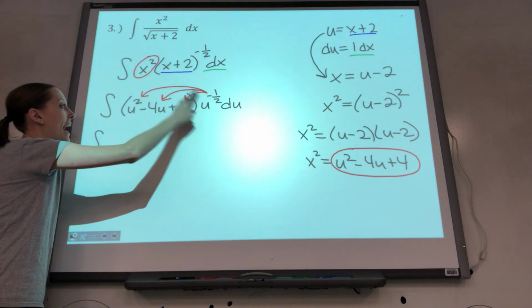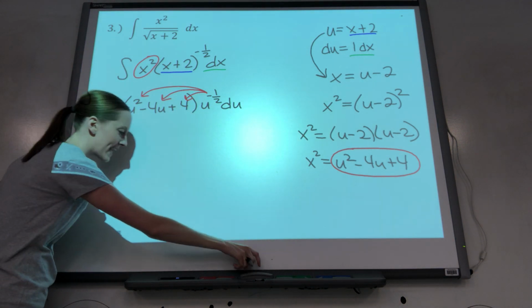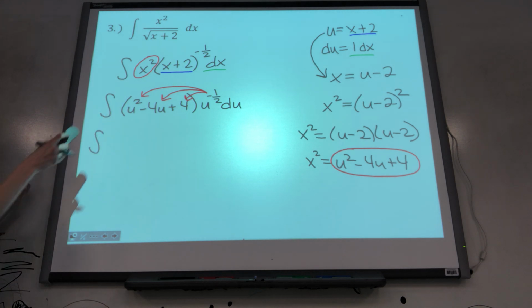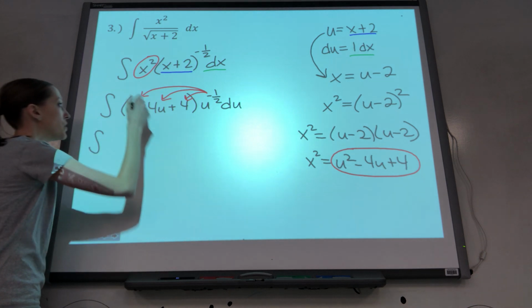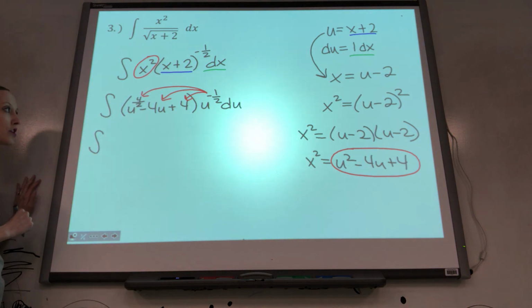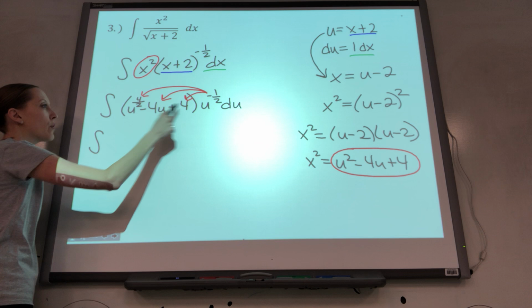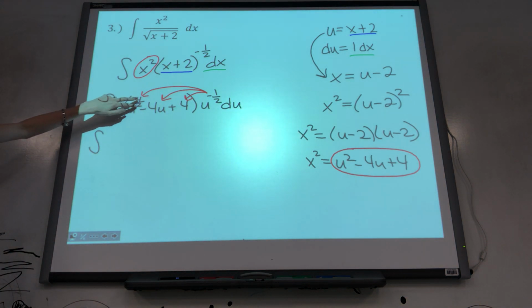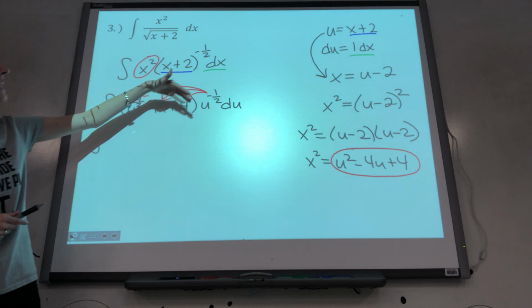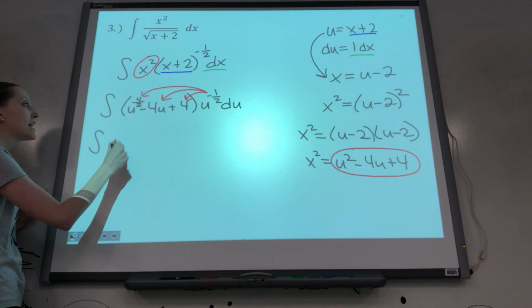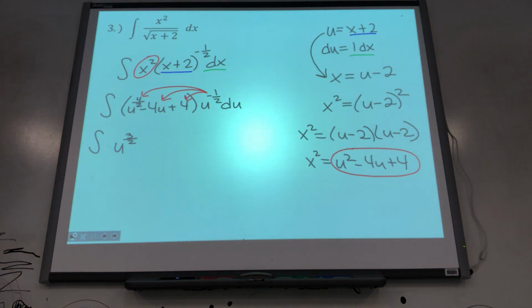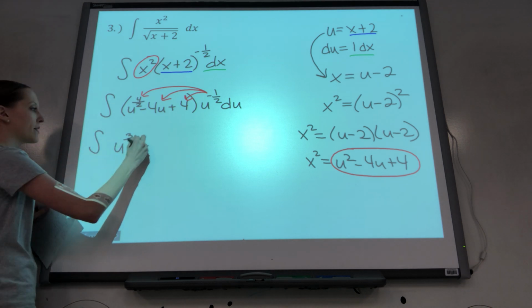All right, now I'm distributing u to the negative 1/2. So this is u squared. And if you want to think of that 2 as 4/2, when I multiply with the same base, I add my exponents. Well, 4/2 plus negative 1/2, that's just like taking 4/2 minus 1/2, which is 3/2. And again, this has not been integrated yet. This is just distributing.